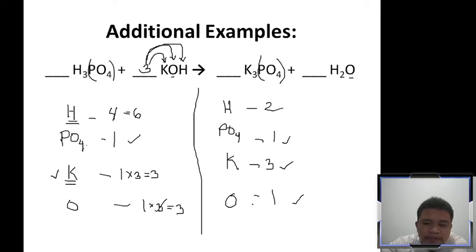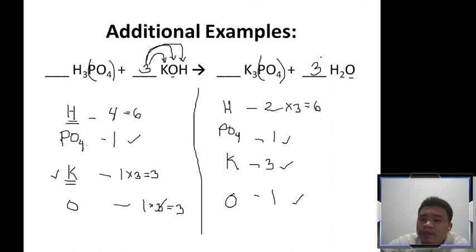But by doing so, I did something that doesn't balance my oxygen and my hydrogen. So what I'm going to do right now is something with my hydrogen. My hydrogen here is 6 and my hydrogen on the other side is 2. So to make this 6, I'm going to place a coefficient of 3 here. By doing so, 3 times 2, my hydrogen here becomes 6.